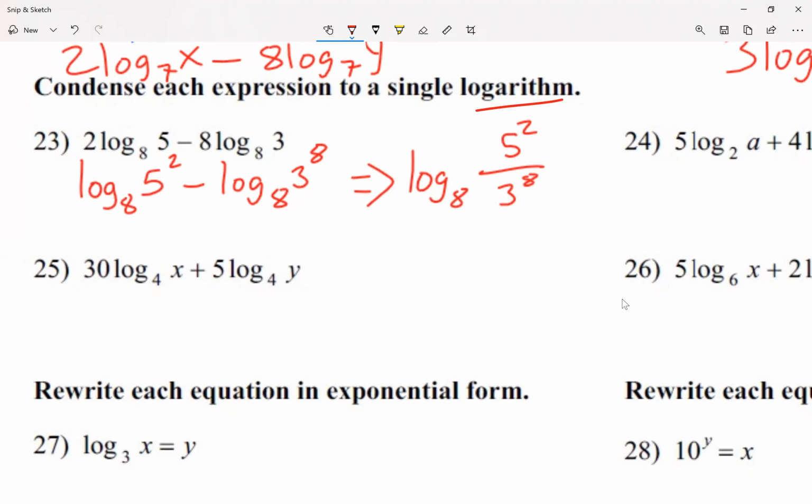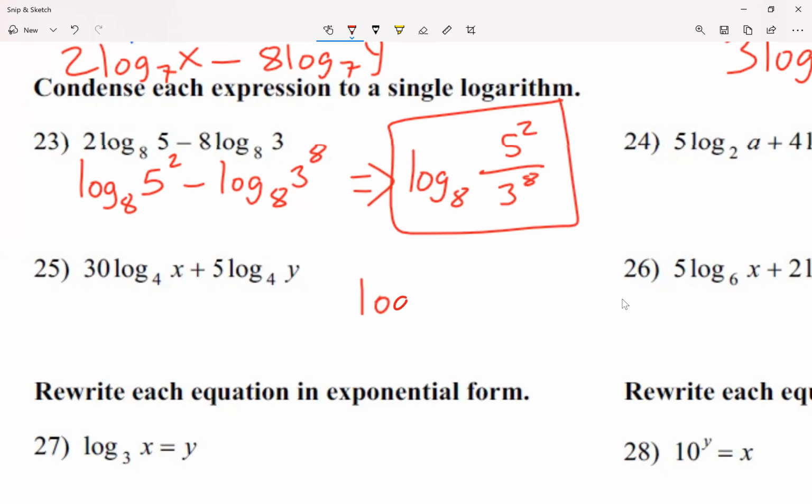So that's it. If you have any exponent as a fraction, for example, let's say we had log base 8 of 5 to the 1/2 over 3 to the 8th. Like I said, you guys will have some in your homework, some that are fractions. If you have fractions as an exponent, convert it to radical.